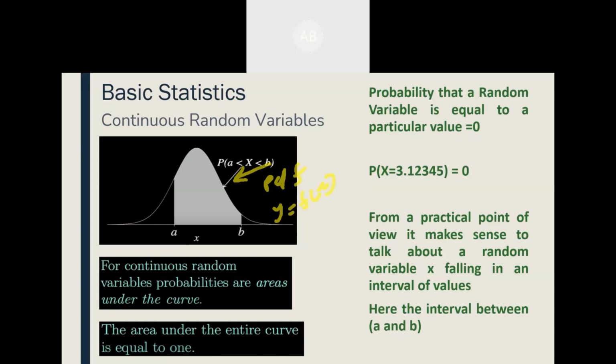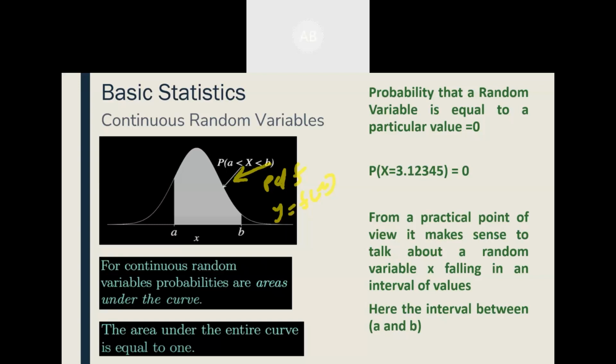So the probability that a random variable is equal to a particular value is always 0. We cannot find the probability of a particular value, but we can talk about the probability of an interval, which is given by the area that falls under that interval.